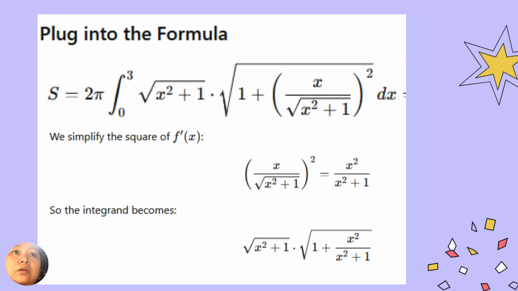So x over the square root of x squared plus 1, squared. We distribute the square, so that becomes x squared over x squared plus 1. The square root sign is gone because we squared it. Now the integrand becomes the square root of x squared plus 1 times the square root of 1 plus x squared over x squared plus 1.